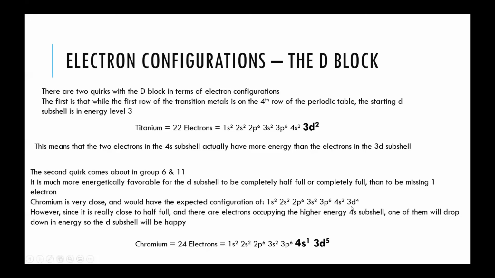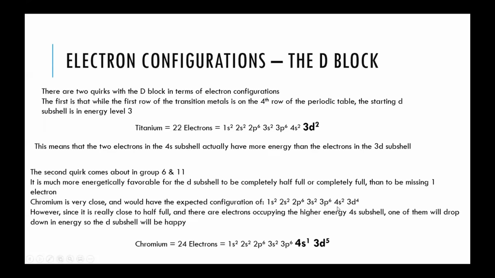The d subshell can hold a total of 10 electrons, and it's very close to being completely half filled. And that is a much more stable arrangement, to have the subshell either completely filled or completely half filled.